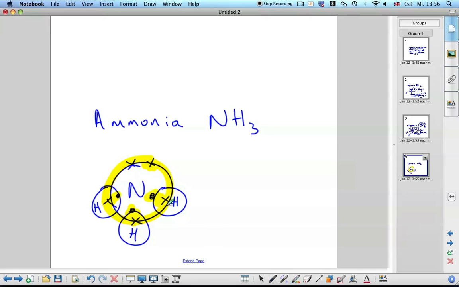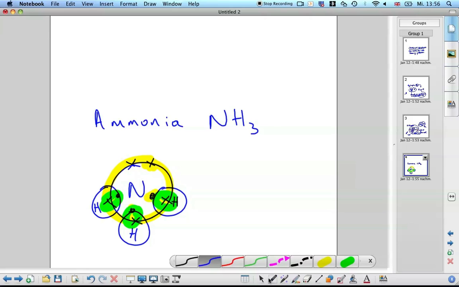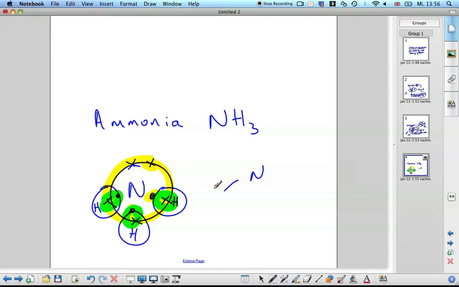And round about the hydrogens, each hydrogen has 2. So they're both happy, because remember, hydrogen, the first shell only contains 2. So it looks like this. One, two, three bonds. All right.